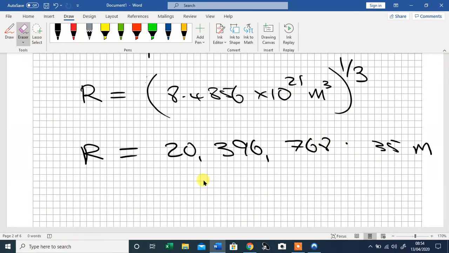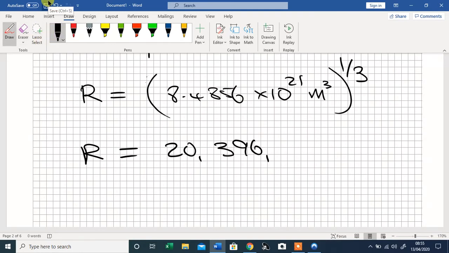Now, I'm just going to write that in a little more condensed form because there's quite a lot of gaps in that, so many apologies. I wasn't watching the screen as I wrote it down. So that's 768.35 meters.